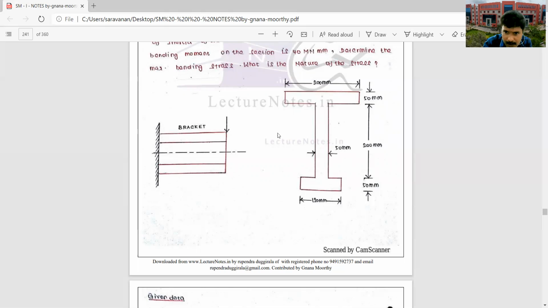But with respect to the x-axis, the top and bottom dimensions are different. Therefore, with respect to the x-axis, it is unsymmetrical.